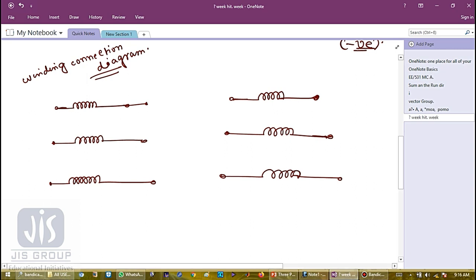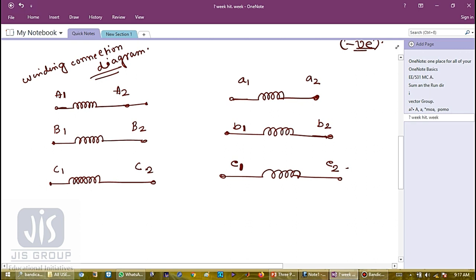This is my A1, A2, B1, B2, C1, C2. Similarly, this is my A1, A2, B1, B2, small c1, c2.